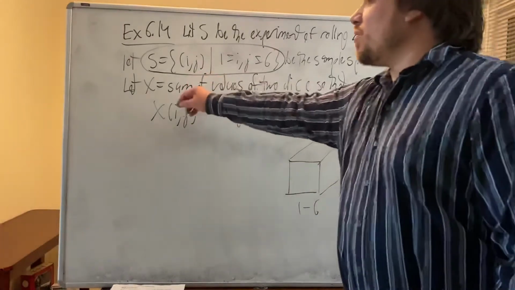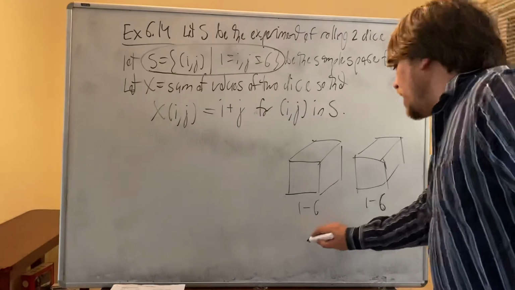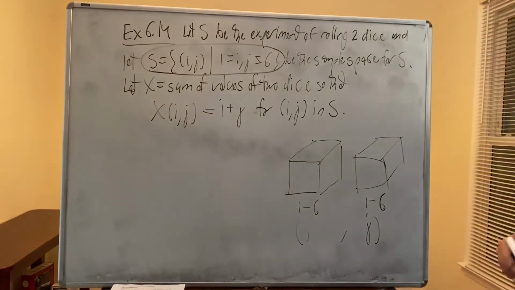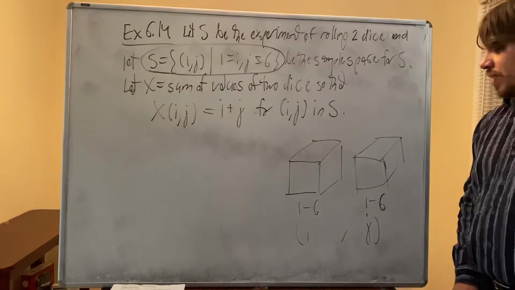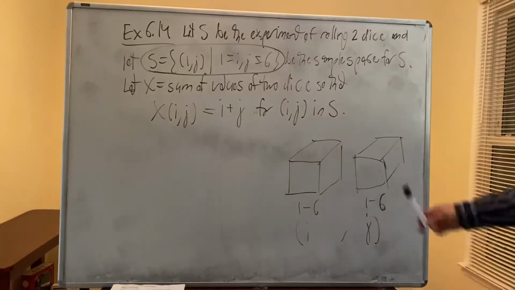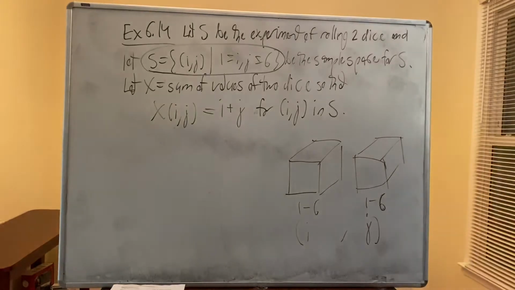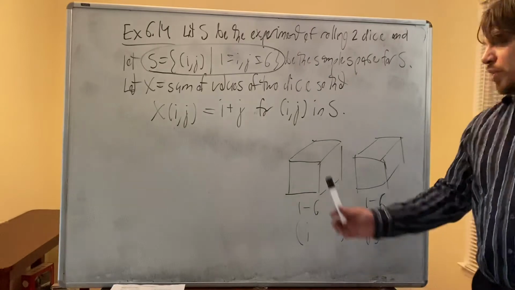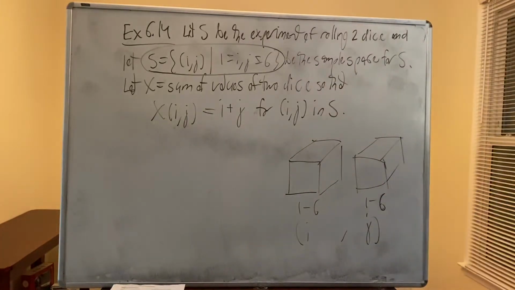Right? So the set S is the set of all ordered pairs i comma j, such that both i and j are between 1 and 6 inclusive. That set is the set of all sample points of this experiment. i is one of the numbers 1 to 6, the first roll, and j, a number 1 to 6, is the second roll. So the set of all possible ordered pairs like this represents all the ways to roll two dice. 6 choices here, 6 choices here. There are 36 sample points in this sample space.